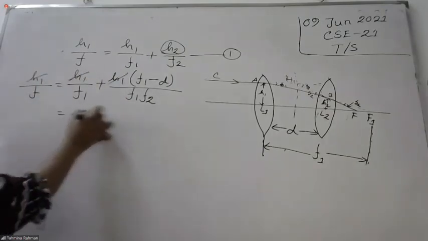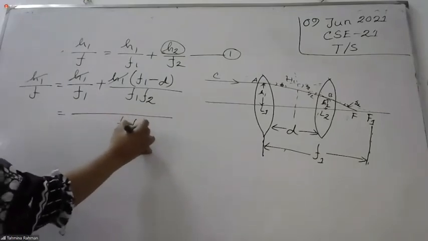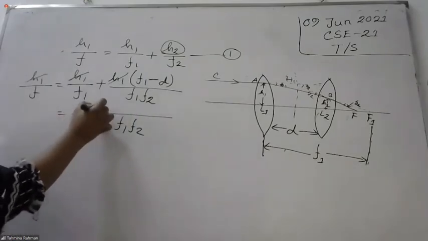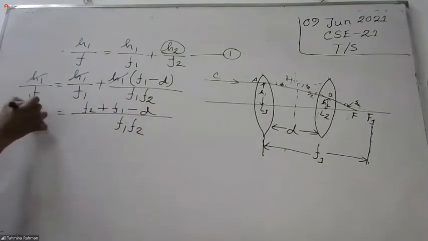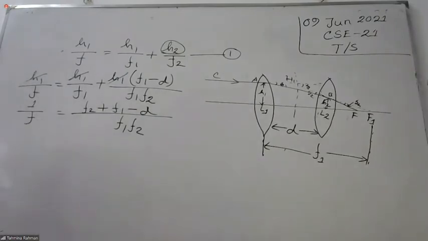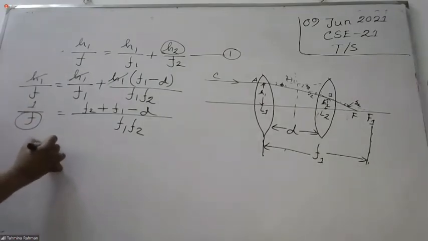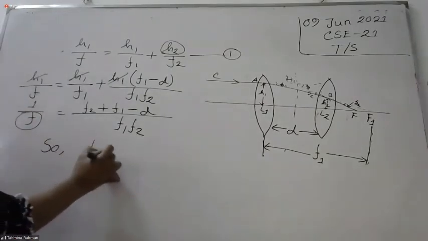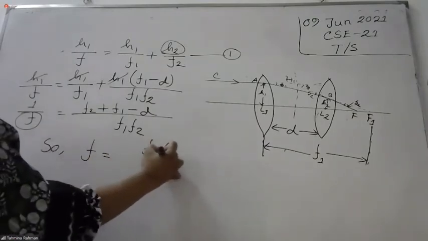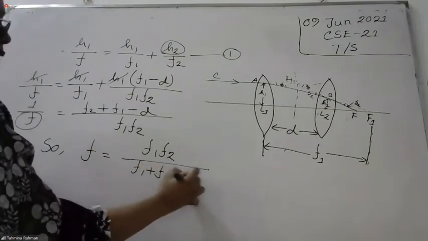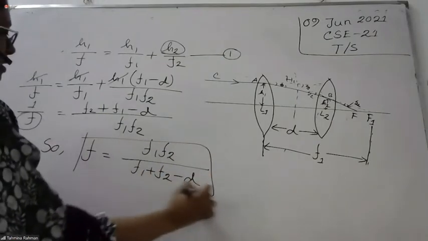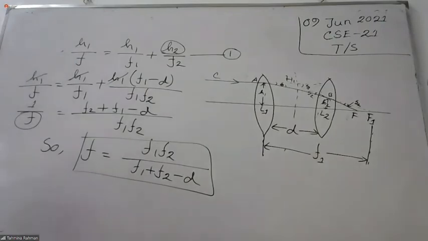Finally, F equal to F1 F2 divided by F1 plus F2 minus D. That's all. Finish.